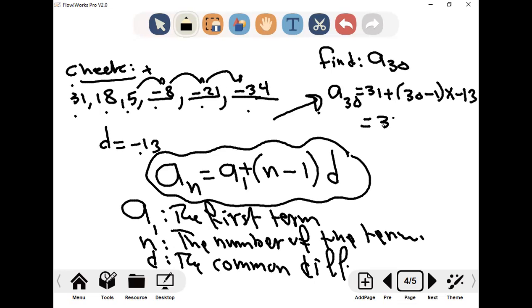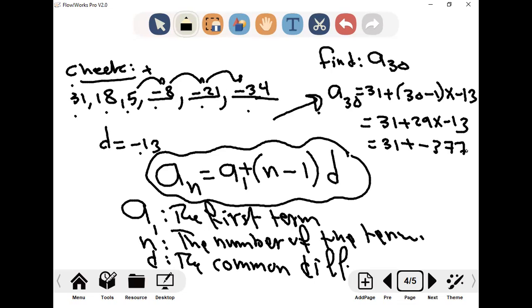And simplify: 31 plus 29 multiplied by -13. 29 multiply 13, same calculator but different answers, it's okay, 29 multiply 13 is 377.